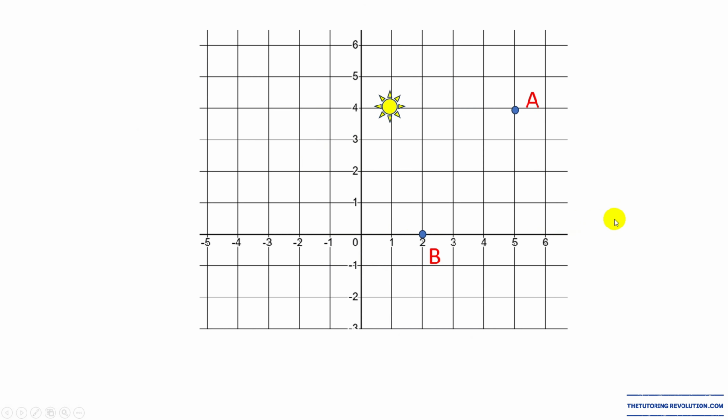In this example, we're going to translate the sun using A towards B as a reference, right? So what we do is first we establish the direction and distance from A to B. We draw a parallel line or segment here on the sun, and the sun will move like that.